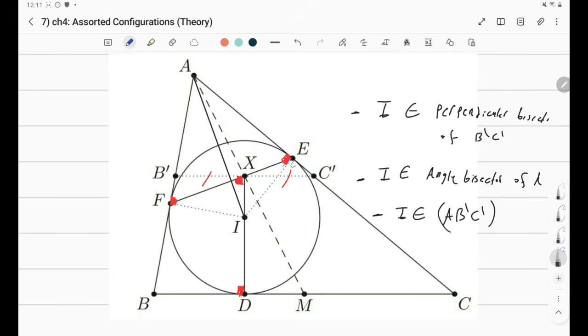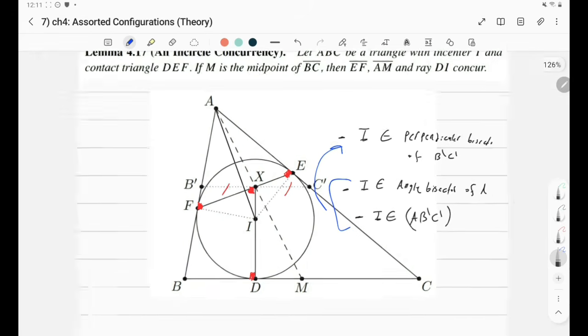And guess what? The three projections are collinear. We have this line. So guess what? This is Simpson line, right? This is Simpson line because we project from I to all the sides of the triangle, and we already know that they are collinear, and thus by the converse of Simpson line, we know that indeed I must lie on the circumcircle, and hence we're done. So we have these two, so we get the third, and of course if you get the third, then you know X is the midpoint, and hence M is the midpoint, and we're done.